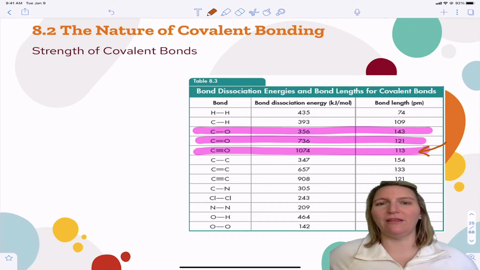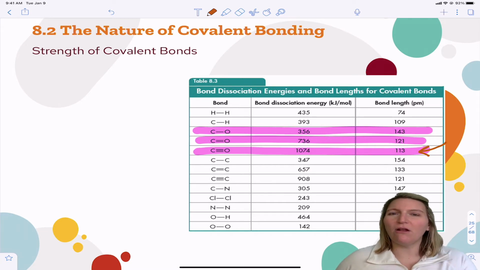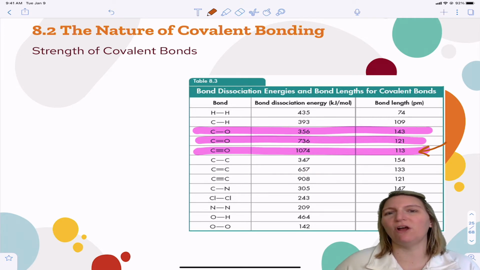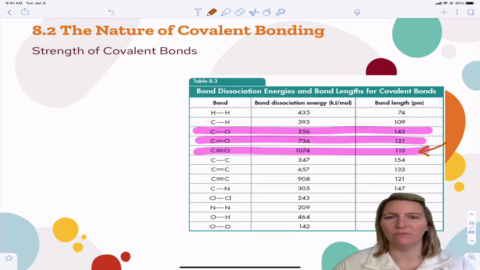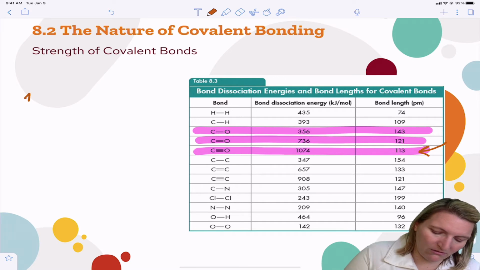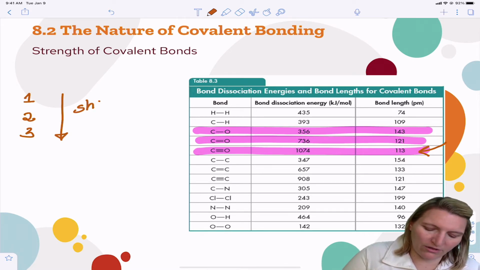Their bond length is quite small, but it's also going to take a lot of energy to overcome that bond, to overcome the attraction that each of those electrons feel for the opposite nucleus. So that's why triple bonds will always be shorter and stronger than single bonds. As you go from single to double to triple, the bonds get shorter and stronger.